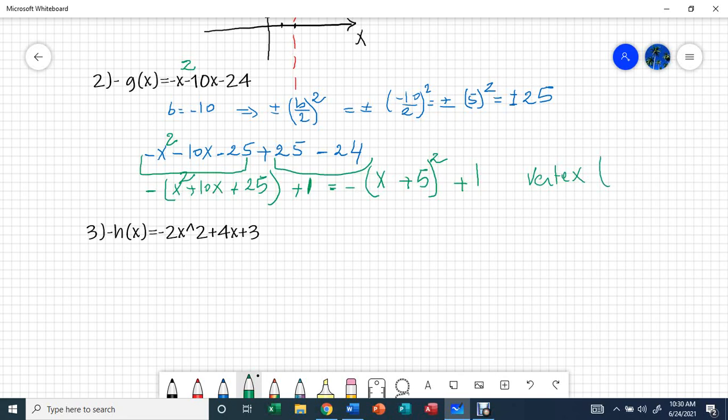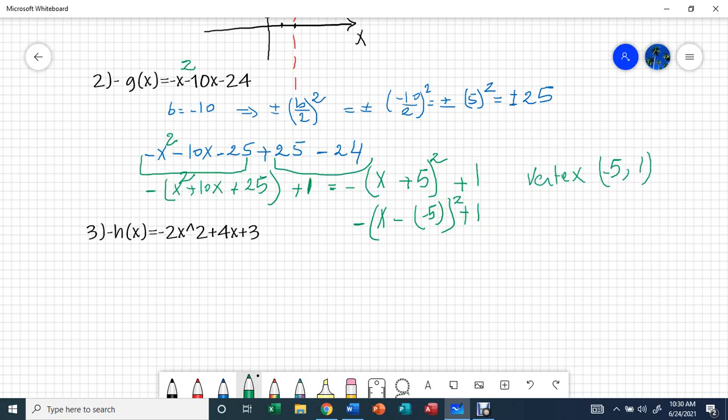It's not positive 5, but you have to make it look like the formula, x minus h squared, plus 1. So the vertex is (h, k), where h in your case is negative 5 and k is 1.